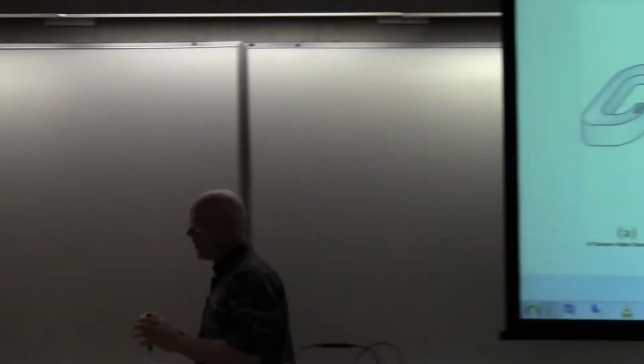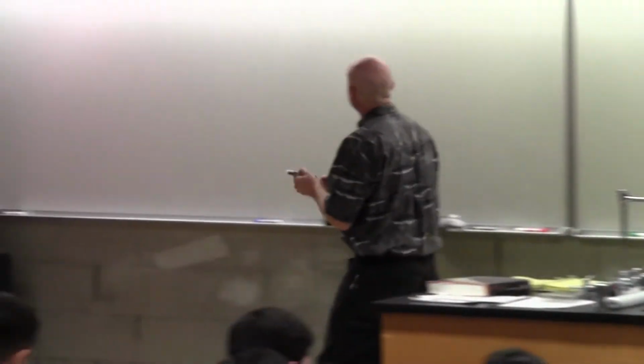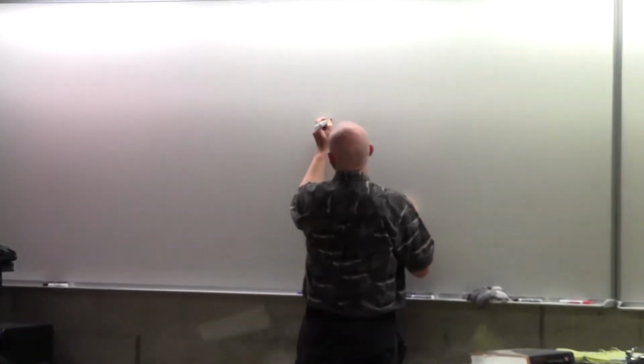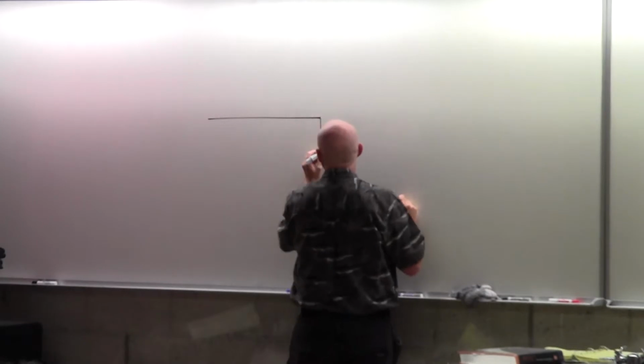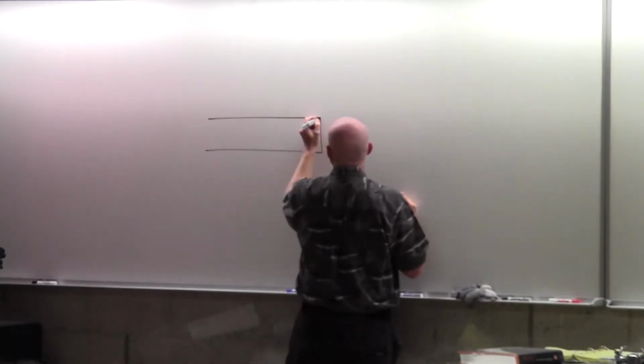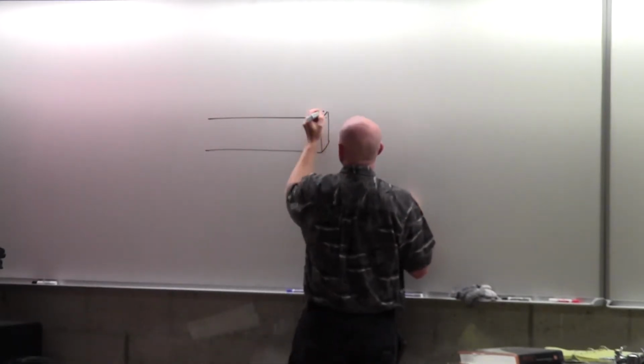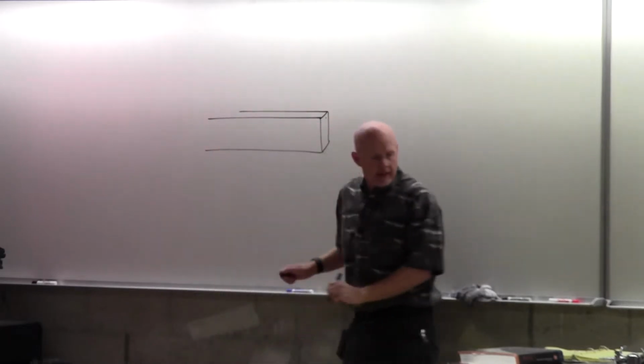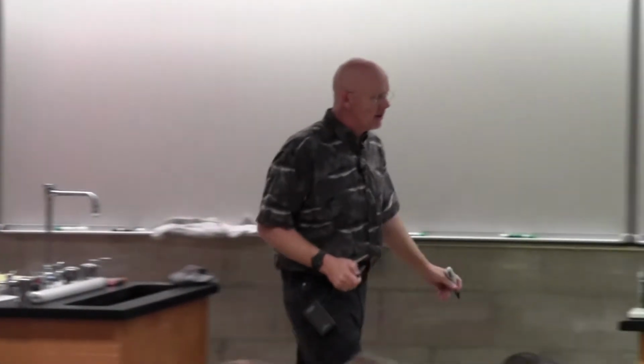But when it was all said and done, after a discussion here, we came up with this. And so let me put this on the board. If I were to take a piece of iron, a bar magnet, and I don't even think I brought a bar magnet out here today. No, I didn't.